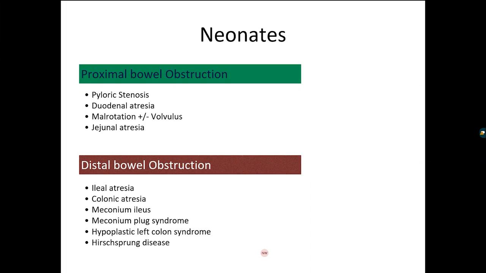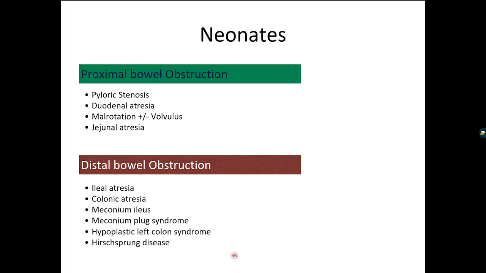When you talk about newborns or neonates, it's convenient for us to categorize causes of intestinal obstruction into proximal and distal. Causes of proximal bowel obstruction are pyloric stenosis, duodenal obstruction due to duodenal atresia, malrotation with or without volvulus, and proximal jejunal atresia.